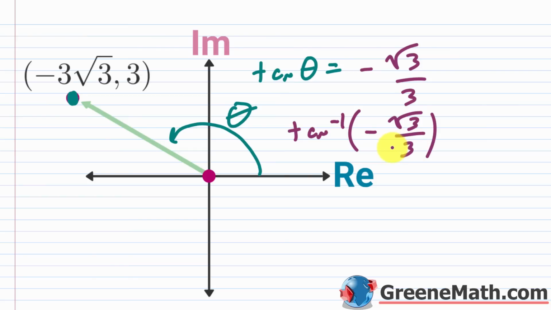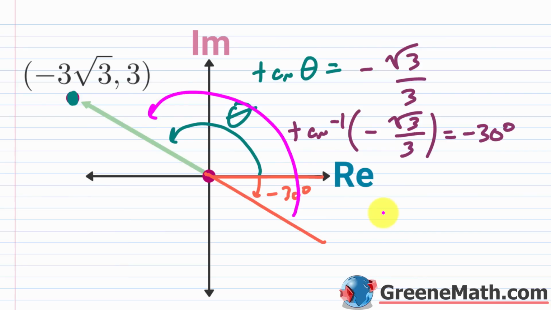If you key this into your calculator with the negative here, you're going to get negative 30 degrees, or negative pi over 6 if you're working with radians. So you're going to get something like this. So this is negative 30 degrees. So you could just add 180 degrees. So I could say that theta is equal to negative 30 degrees plus 180 degrees, which would give me 150 degrees. So that's one way you could do it.